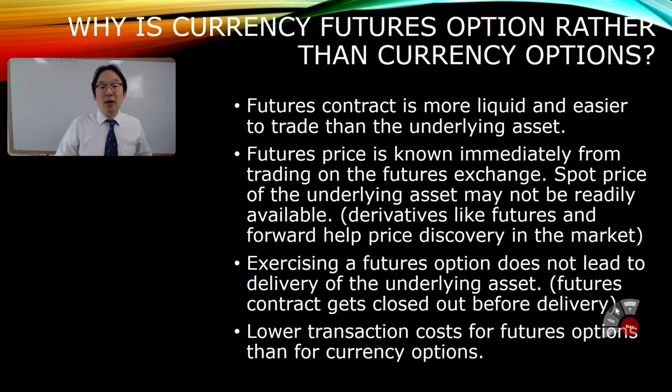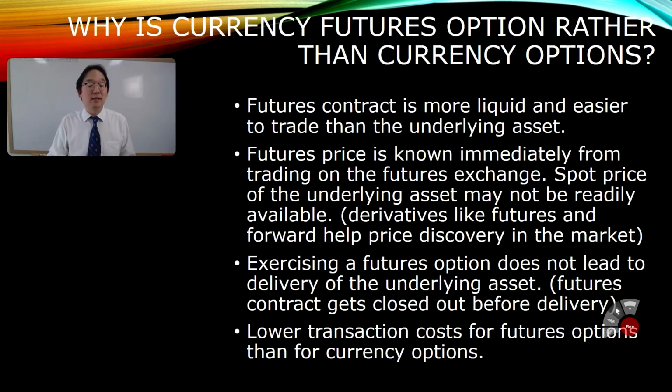Futures contracts are more liquid and easier to trade than the underlying asset. Futures price is known immediately from trading on the futures exchange. The spot price of the underlying asset may not be readily available, but derivatives like futures and forwards help price discovery in the market.